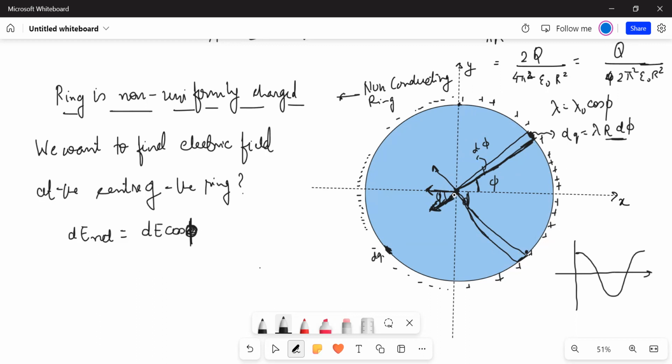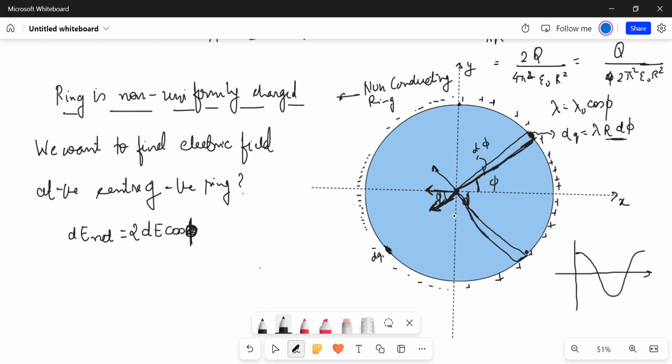And then you also have to understand that with each of these positive charges dq, there is another charge minus dq, which is also trying to, if you want to find this electric field at point O, you have to place a unit coulomb charge at point O. So basically this charge dq would be pushing here, and this minus dq will also be attracting here only. So basically your net electric field will be 2 dE cos phi.